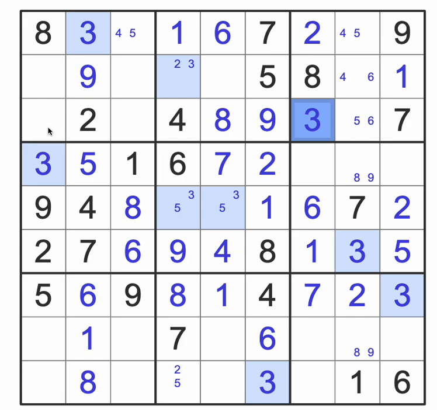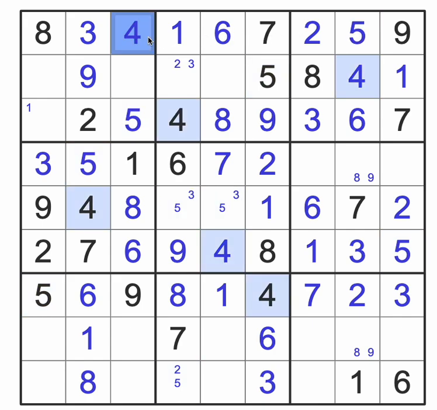and that will make these 3 cells 1, 5, 6 triple. This cell is blocked by 1 and 6, so it's 5. That gives me 6 here, 4 here, 5 here, 4 here, 1.